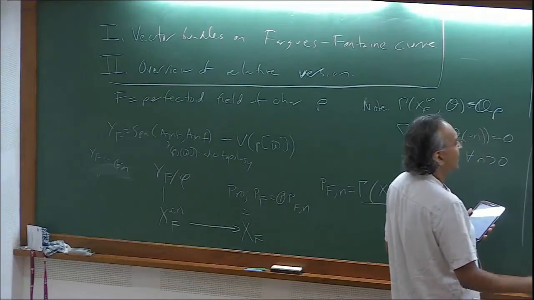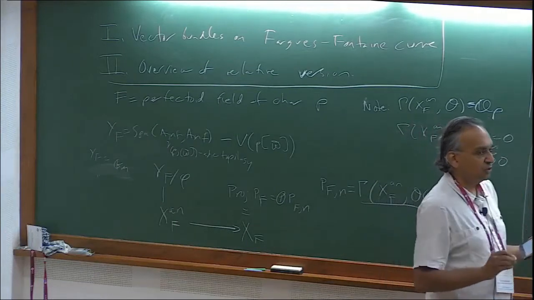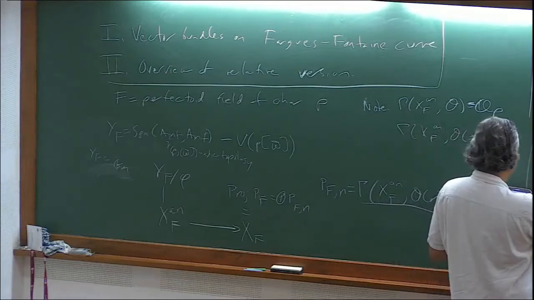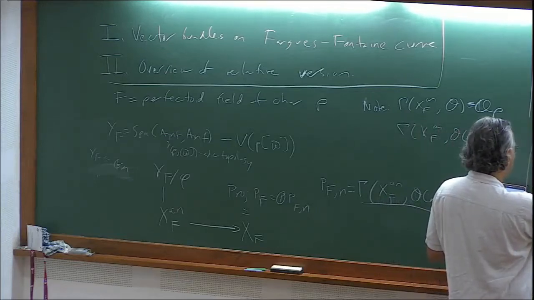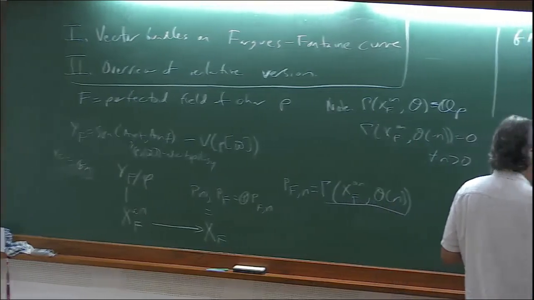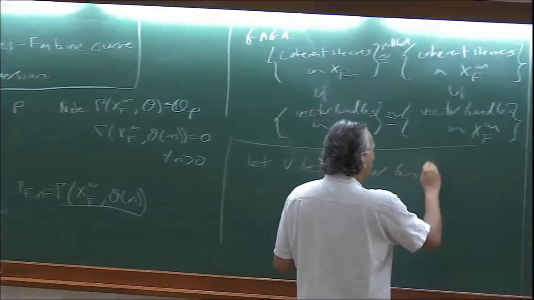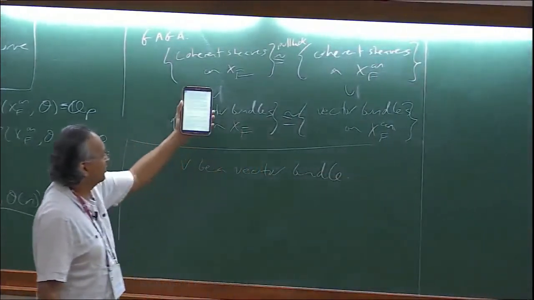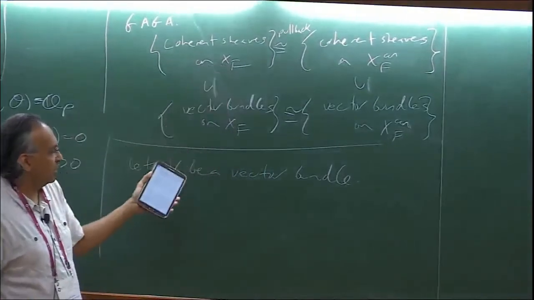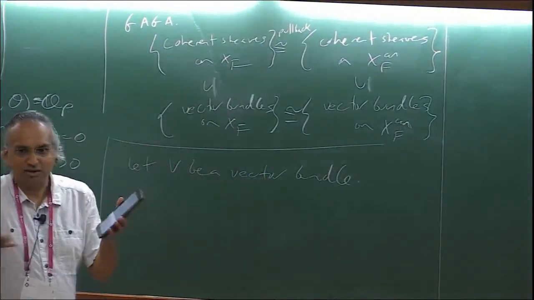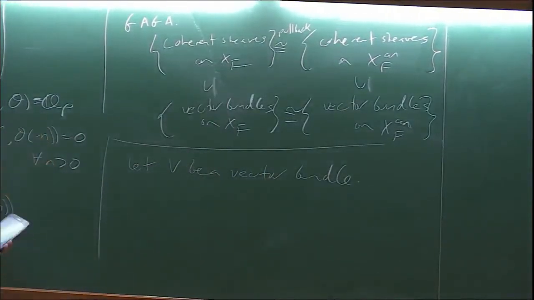So let me now give you a key definition, which is not original to this subject. Let V be a vector bundle. In light of GAGA, I don't have to tell you whether I'm talking about XF or XFN, so I'll just say vector bundle, and I'll mean either of those things. They're equivalent concepts.